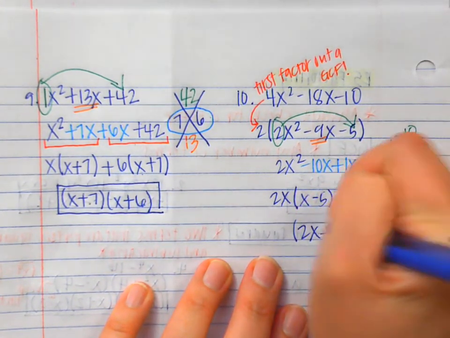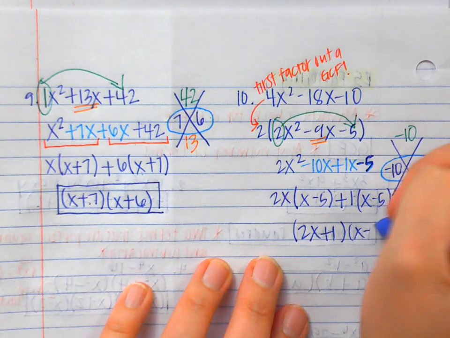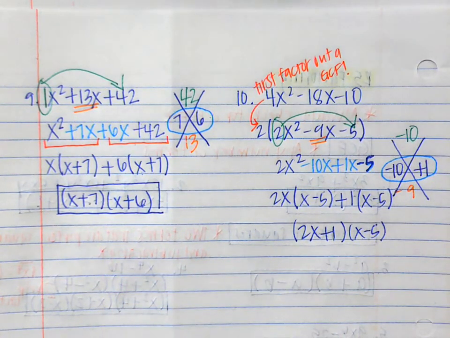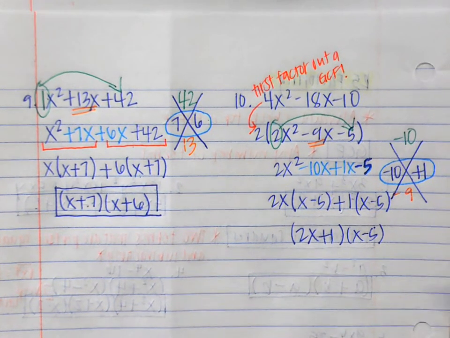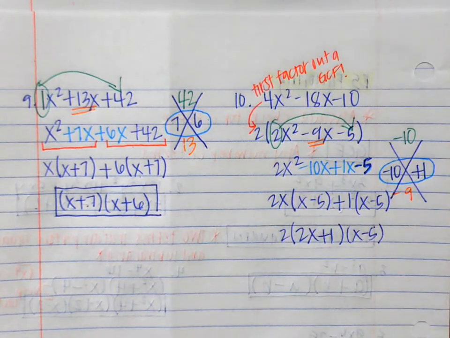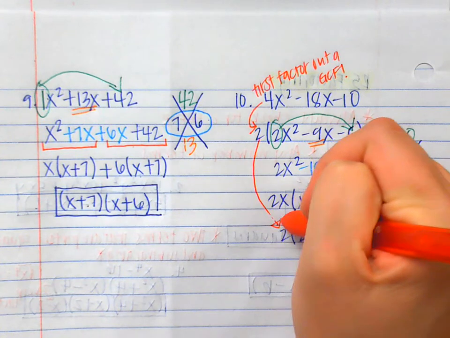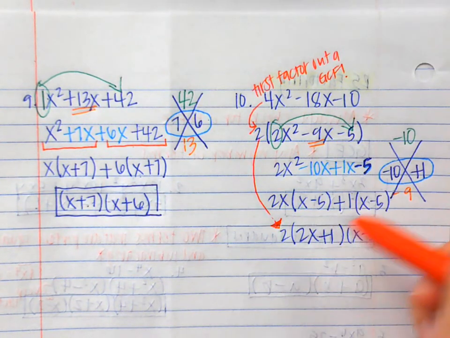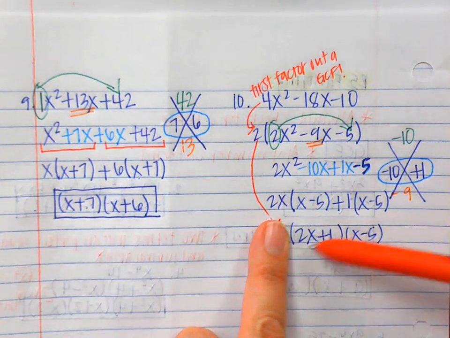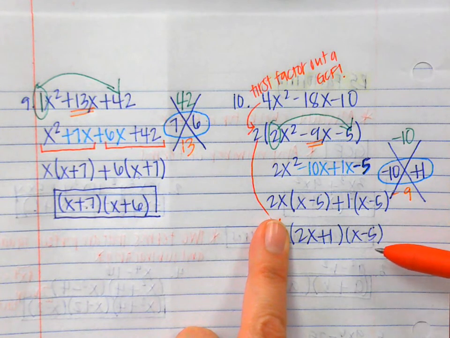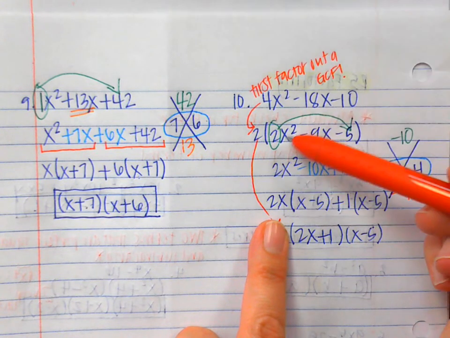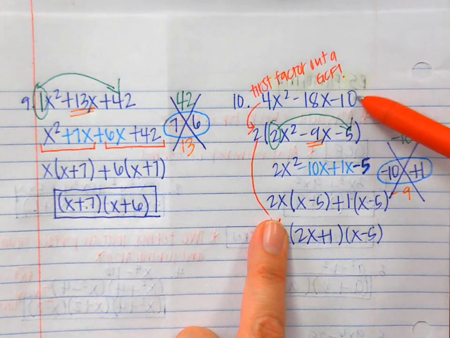So I have 2x plus 1 and x minus 5. But wait, what do I need to bring down from the beginning is that 2. So that 2, even though I ignored it, I can't forget it at the end. Because if my answer was just 2x plus 1 times x minus 5, and I multiplied that together, that would get me 2x squared minus 9x minus 5, not this 4x squared minus 18x minus 10.